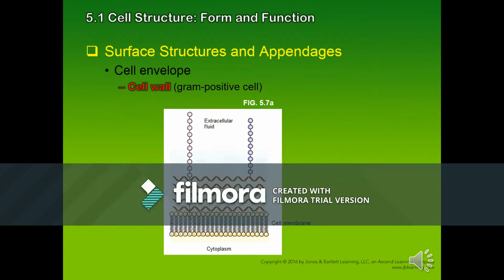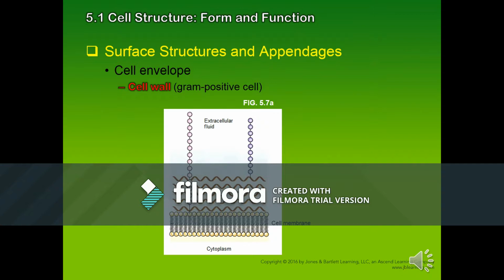Now, that cell wall, or cell envelope, is one of the most important things about these bacterial types, and that actually is why the cells get divided into the gram-positive and gram-negative status. Now here illustrated is a gram-positive cell wall.